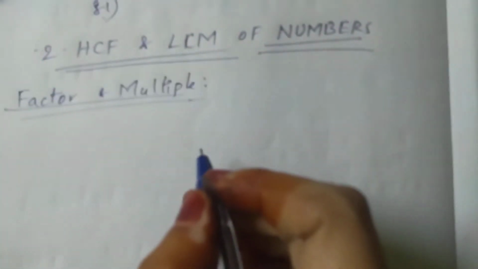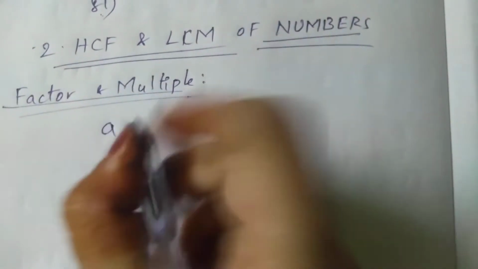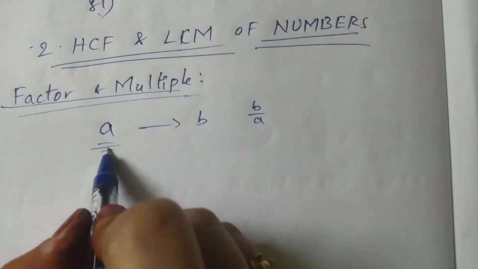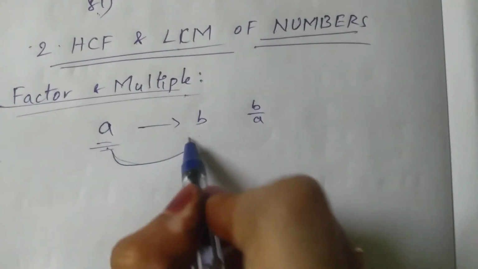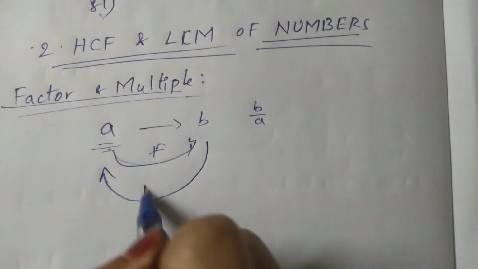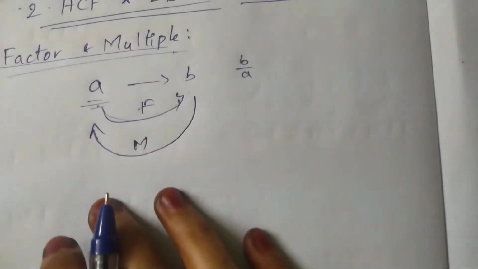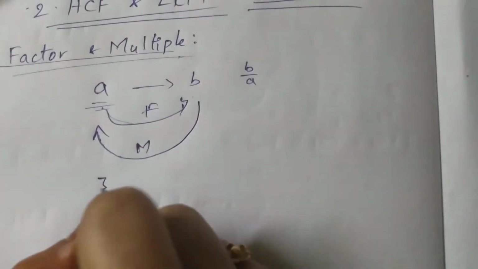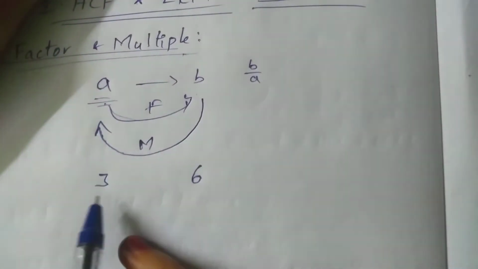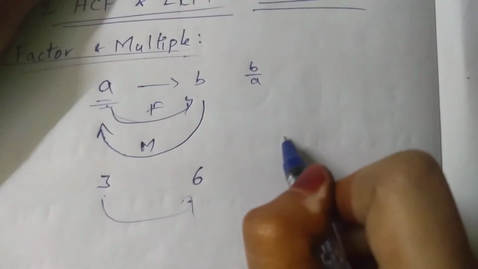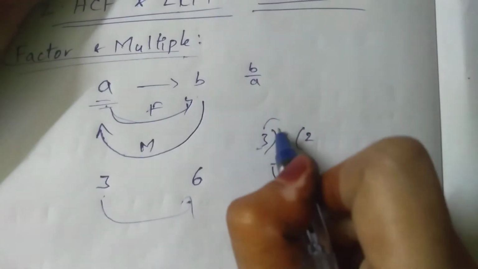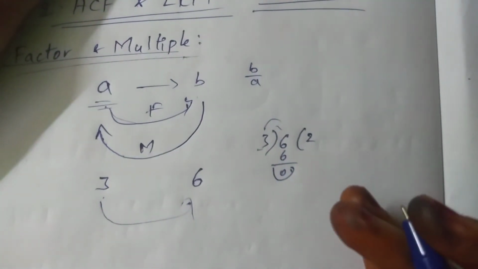If a number A divides the number B, then the number A is said to be the factor of B, and the number B is said to be the multiple of A. Here, if we consider 3 as A and 6 as B, then 3 divides 6 exactly.